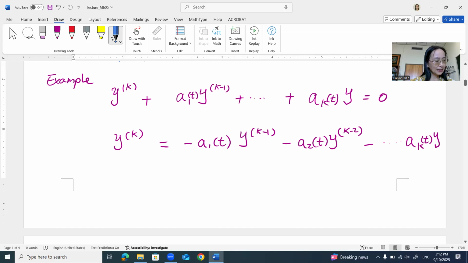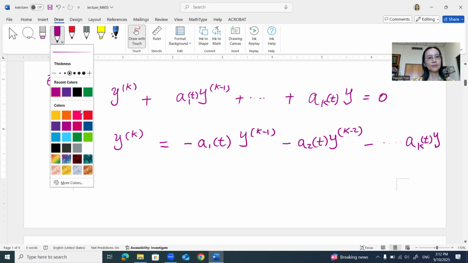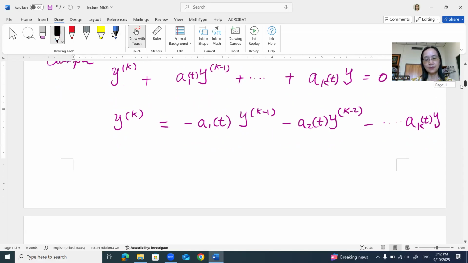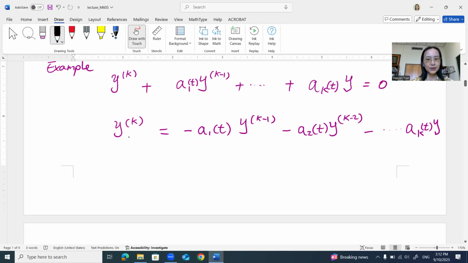So think about this case, then how do you reduce it? After you reduce, we can get the first order. So just quickly think of the reduction. We need to introduce the new names.